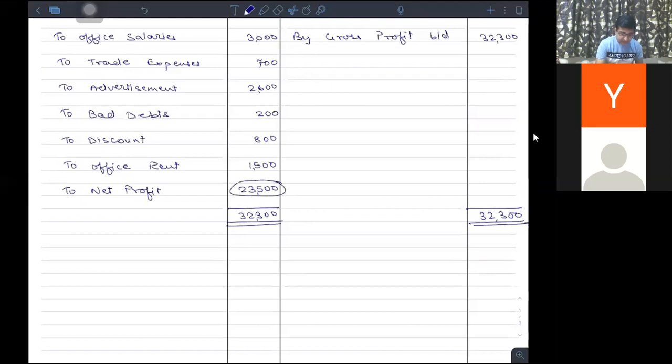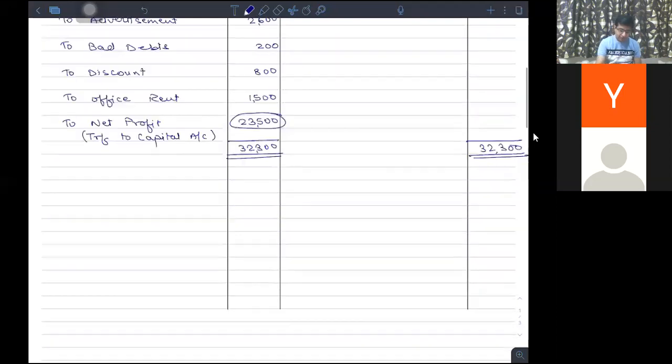Again, this is also a balancing figure, and this amount is transferred to capital account. That means it will be added to the capital account.